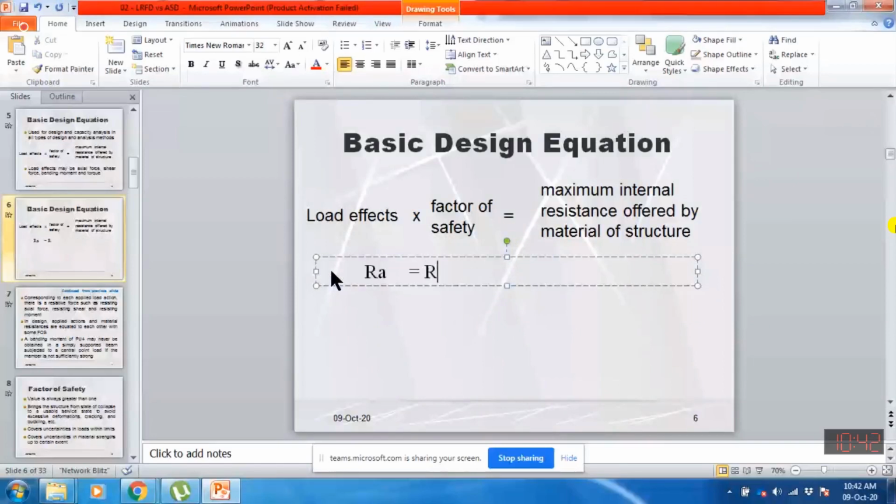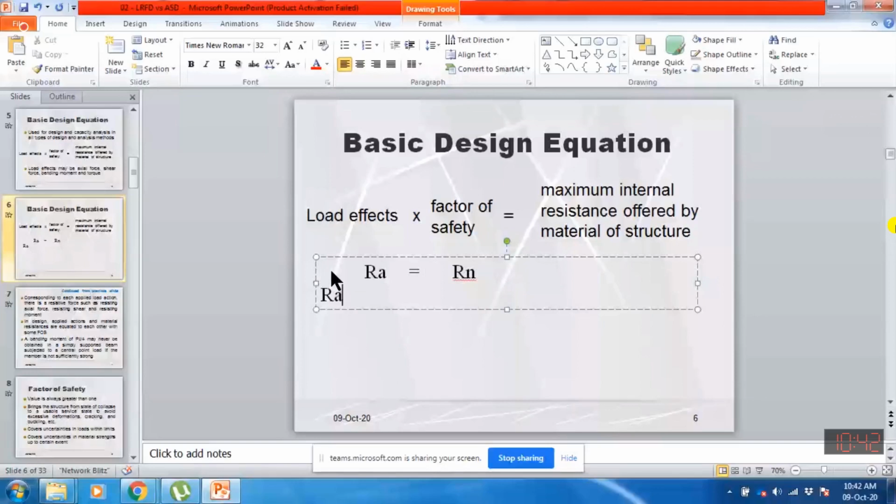You understand? So R is just a function. RA means applied load effect, and Rn is the resistance offered by a shape of a material. You understand me? So when I talk about RA, RA may be equal to any applied load.